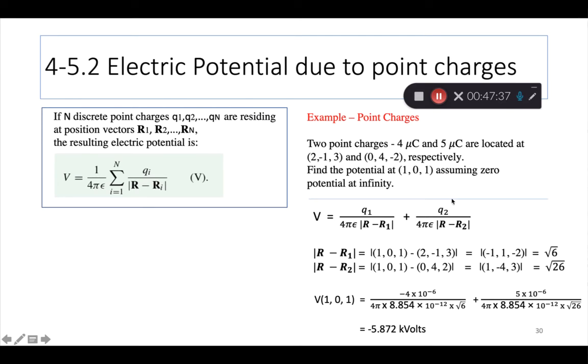Please take a look and make sure you understand how we calculate the voltage at any given point if there are multiple charges in the neighborhood and each one of them has a vector from the origin to a certain point. Okay.